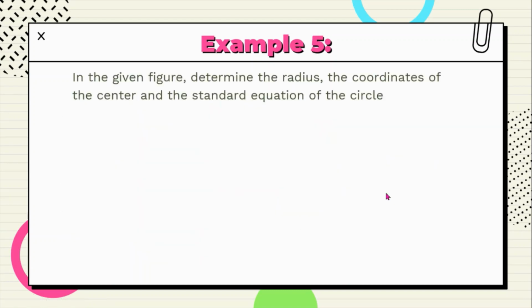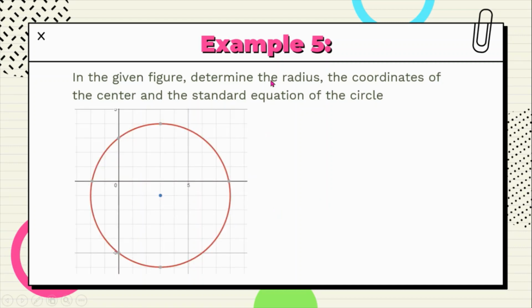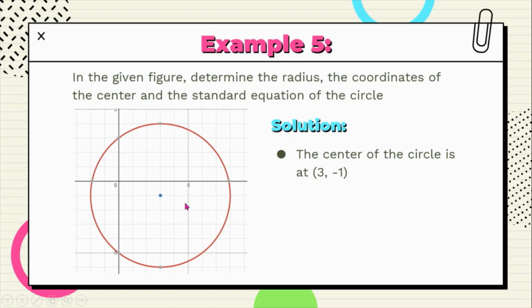And for the last example, in the given figure, determine the radius, the coordinates of the center, and the standard equation of this circle. So the center of the circle is (3, -1).